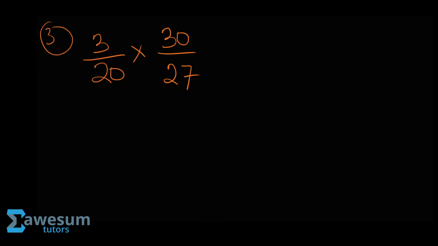So in that case, it's going to be 3 in 3 is 1, 3 in 27 is 9. Also, 30 and 20, they have a common factor of 10. So I would say 10 in 30 is 3. 10 in 20 is 2.